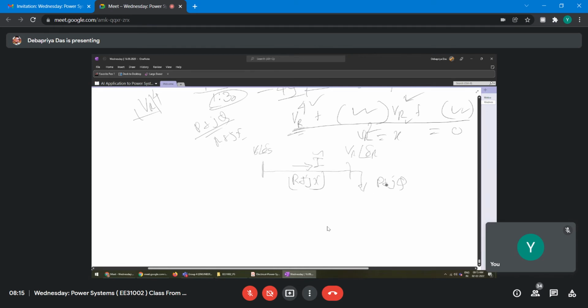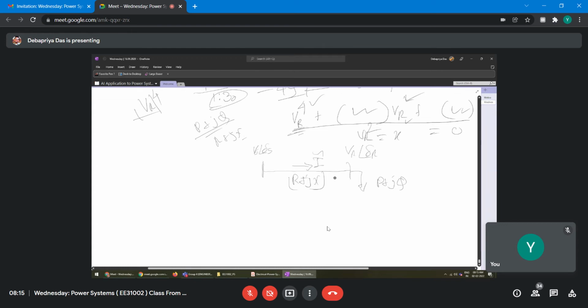Now, when this is represented by a single line diagram, anything we do in power system, we assume that they are balanced systems. So you consider each phase, and in the per unit system there is no question of units, right? And the other two phases will be shifted by 120 degree.